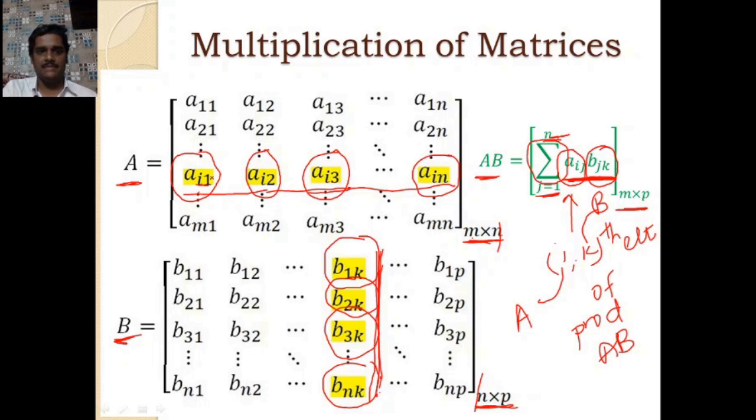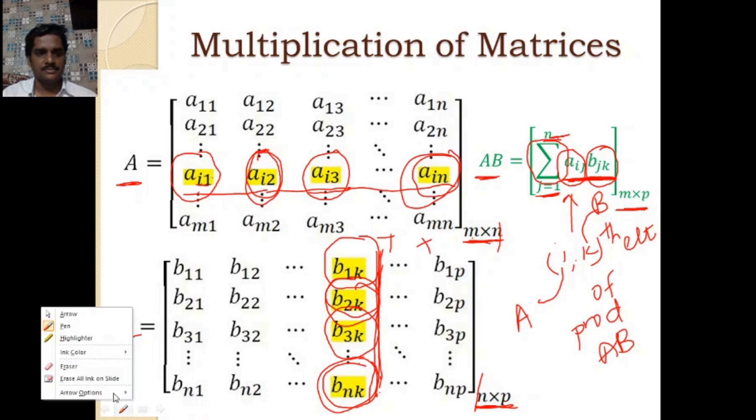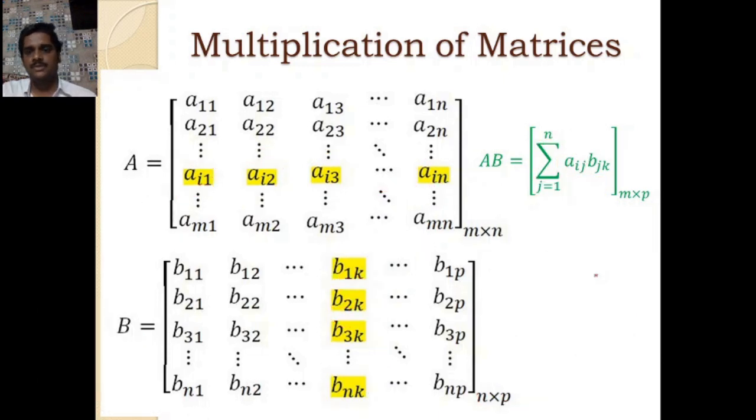So nothing but Ai1 multiplied with B1k plus Ai2 multiplying with B2k plus, and like that you have to continue up to Ain multiplied with Bnk. So I hope whatever is written inside this bracket must be clear. If it is not clear, let's see one small example to make it more clear.